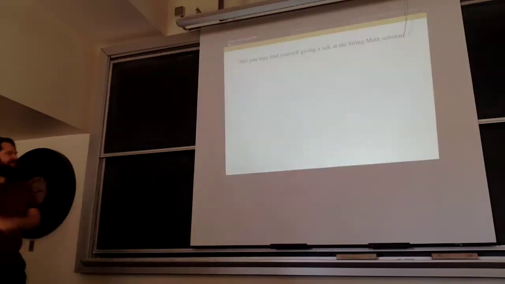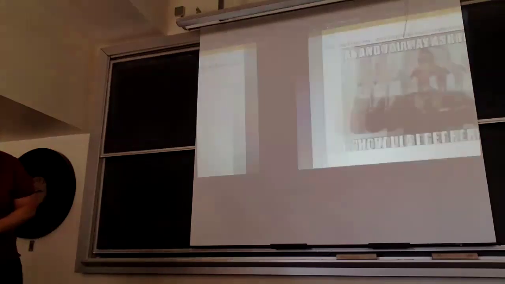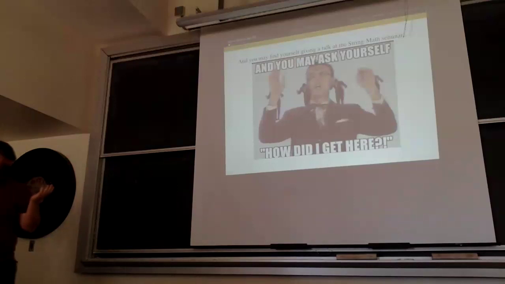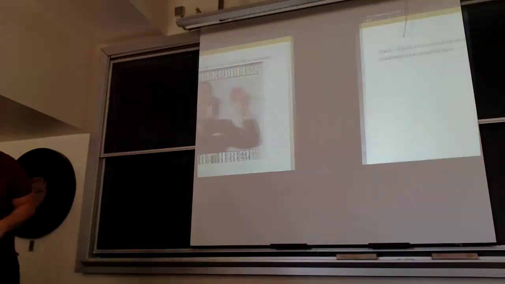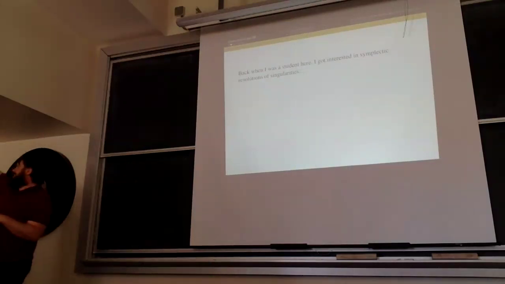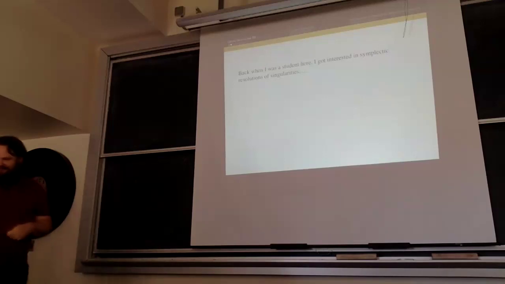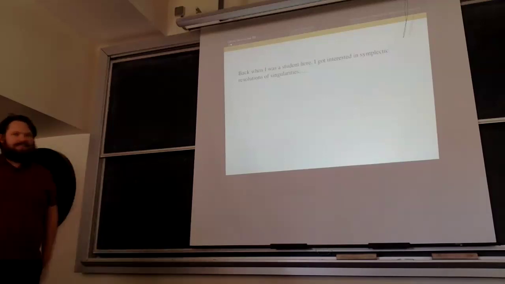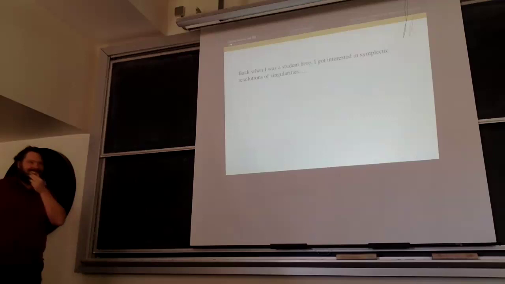So, if you're a mathematician, you might find yourself giving a talk at the string math seminar and ask yourself, well, how did I get here? Back a long time ago, I was a student here, right over there. And I got interested in symplectic resolutions of singularities.